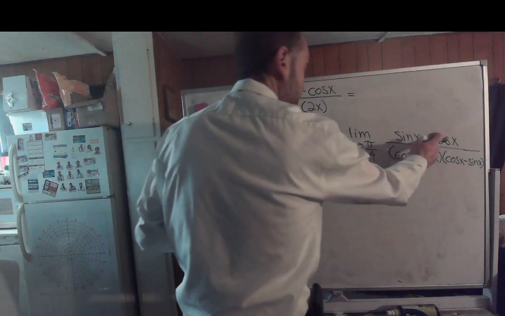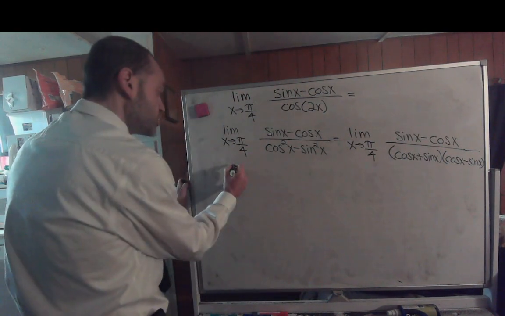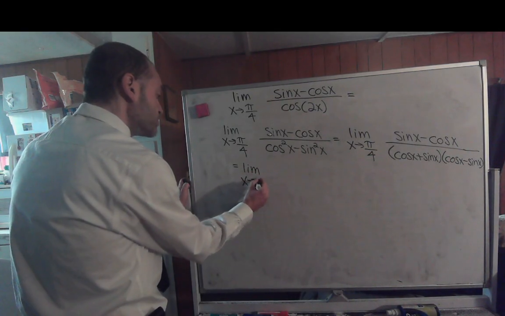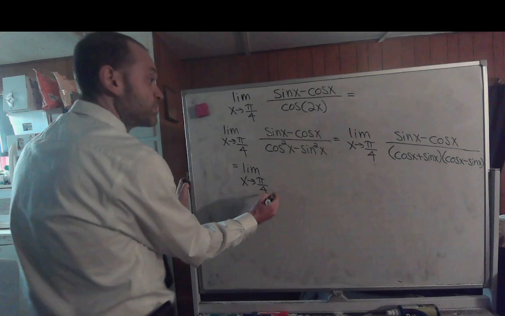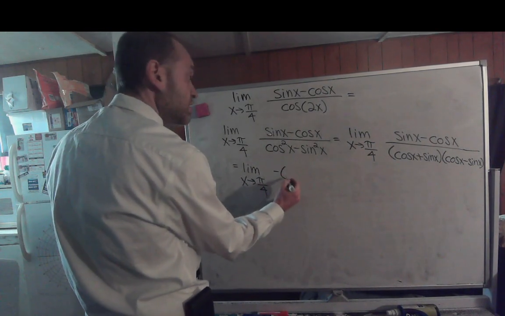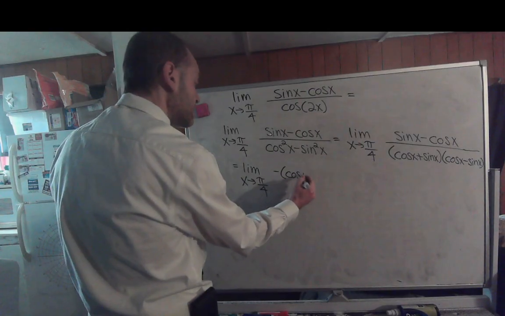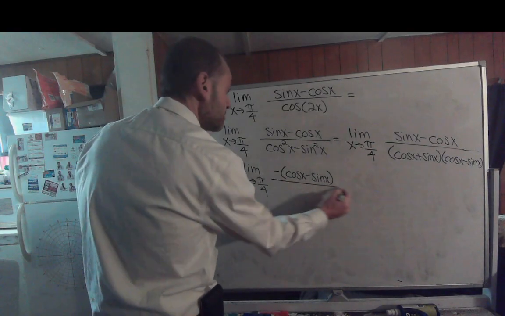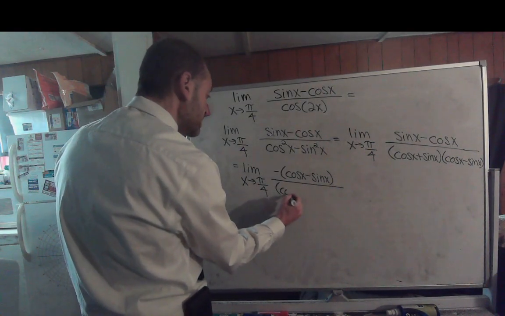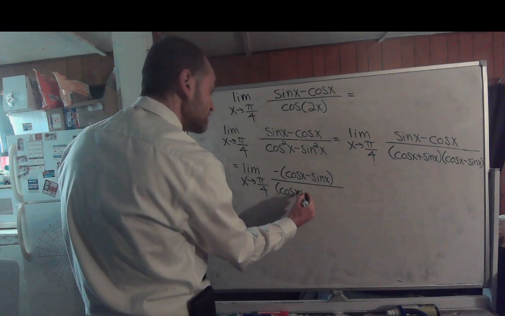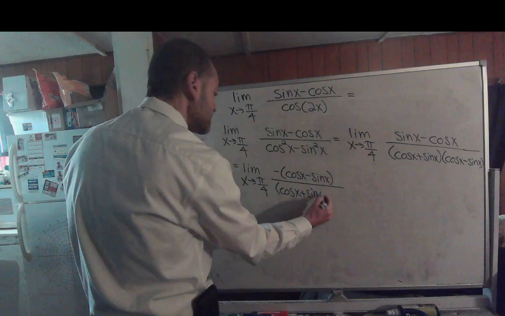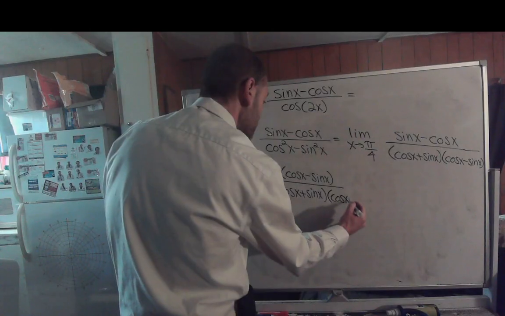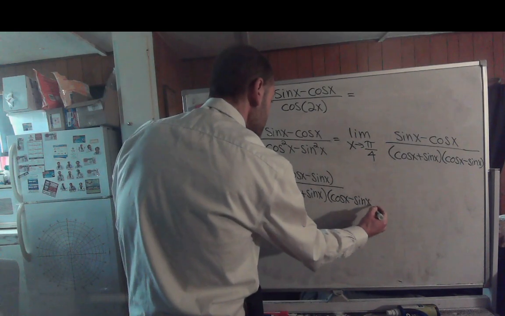Well, we could just factor out a -1, and what you'll end up getting is the limit as x approaches pi over 4 of negative of the cosine of x minus the sine of x divided by the cosine of x plus the sine of x times the cosine of x minus the sine of x.